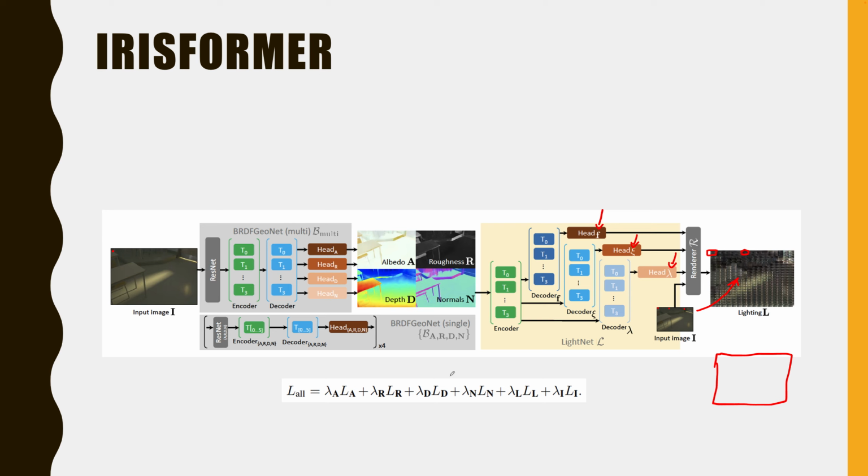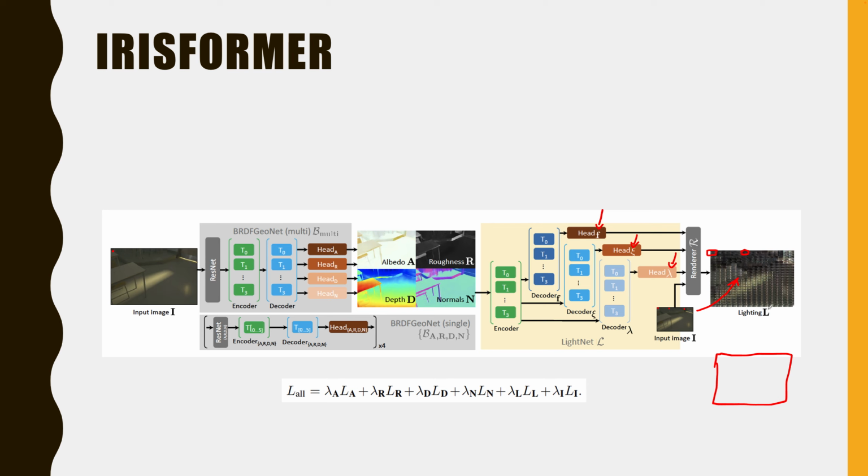You have all this trained with a loss that is straightforward, basically reconstruction loss everywhere. So you take the prediction and compare it to the ground truth. They train on a synthetic data set, so they have ground truth for everything, and then they just compare the output of each head to the ground truth, and they compute an L2 loss.